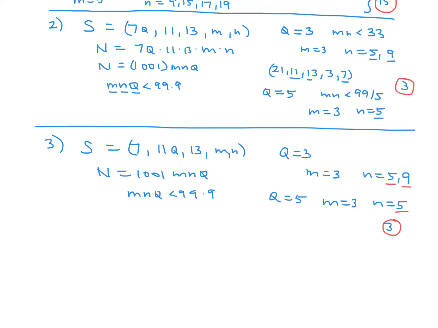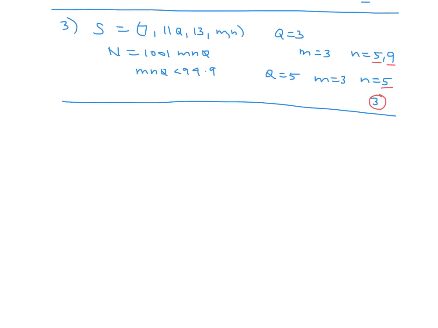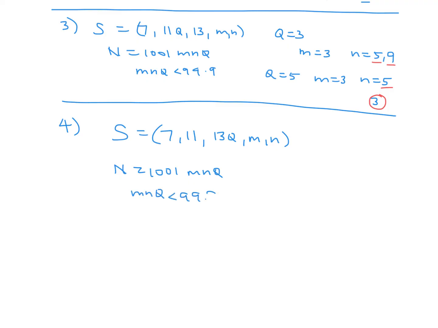And then there is, I think, just one more scenario, and that will give us unique cases, and that is if you have 7, 11, and 13, a multiple of 13, m and n like that. So same thing, it will be 1001 mnq, and then mnq again less than 99.9.